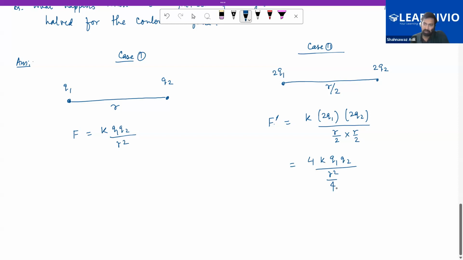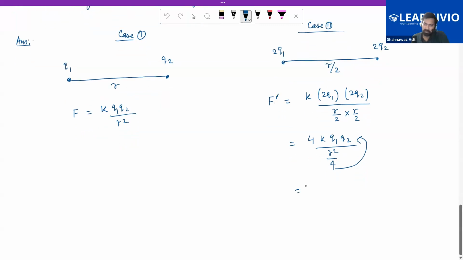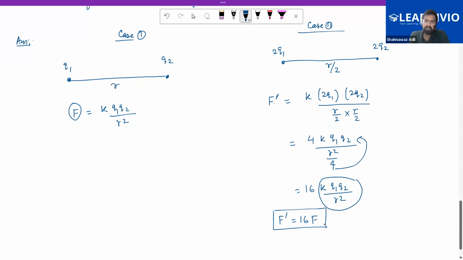So this is the denominator of the denominator. So it will go in the numerator, right? So this will become 16 K Q1 Q2 divided by R square. So this thing we have already calculated, and this is F. So the new force would be 16 times the old force. Right.